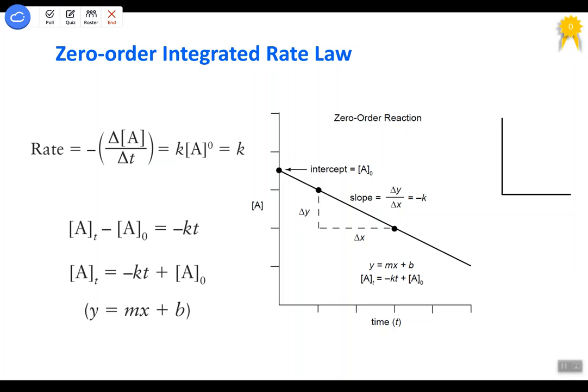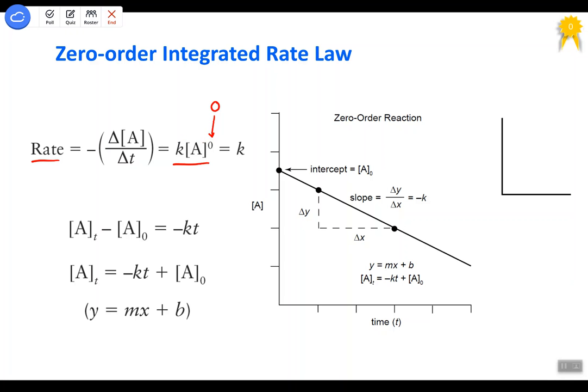Well, then we can go to our integrated rate law for zero orders. We know, and we've seen before, that if the rate of a reaction is not correlated to the concentration of A, if it's independent of A, well, then it's a zero order reaction. The exponent is 0.